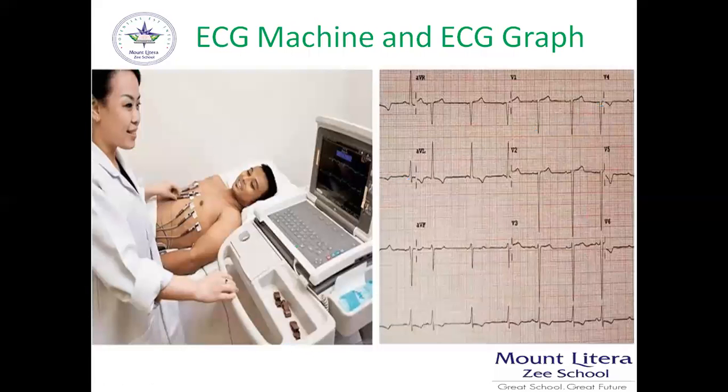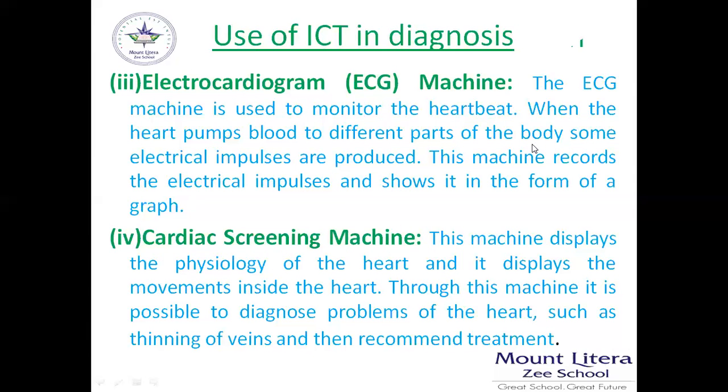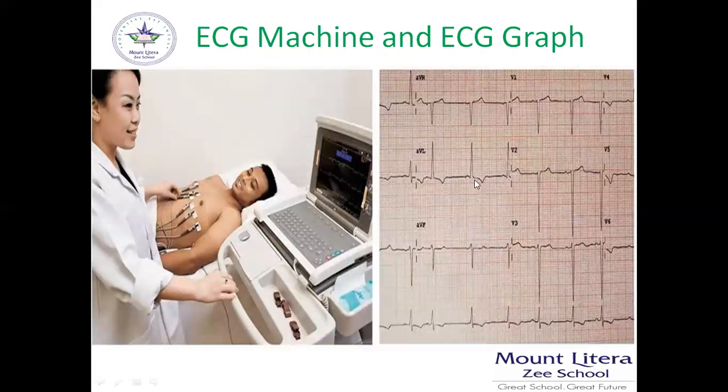Now you can see the ECG machine and ECG graph. Here are the machine and the electrical impulses that you have studied. The electrical impulses are produced when the heart pumps blood to the different parts of the body. So these are the electrical impulses, as you are able to see.